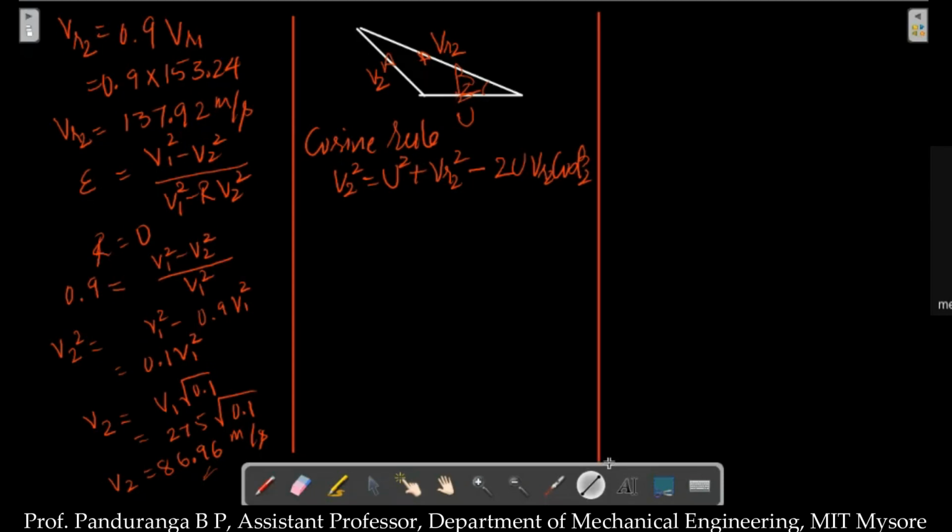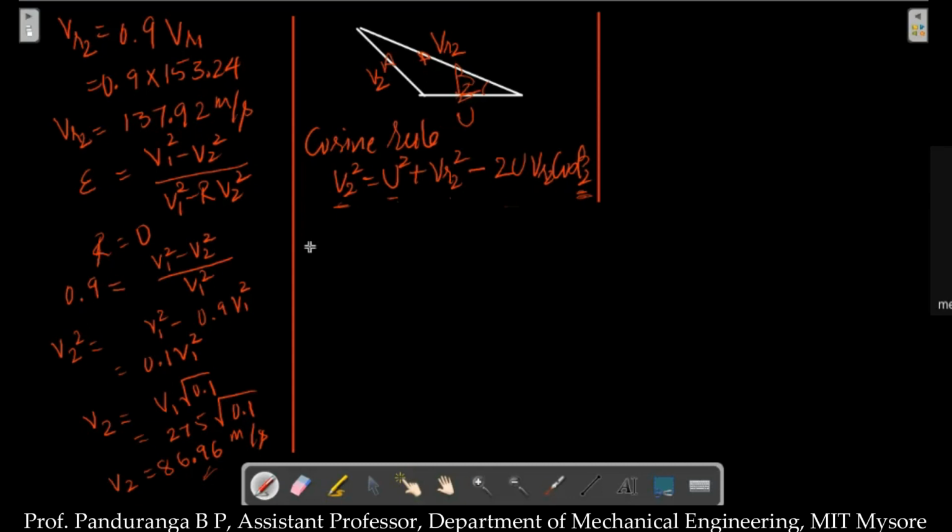With this cosine rule, we need to calculate the value of beta 2. Since we are considering the losses, I cannot say beta 1 is equal to beta 2. So I need to calculate the value of beta 2 here. I know V2, I know U, and I know VR2. Now I need to calculate beta 2.